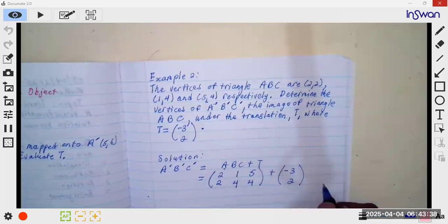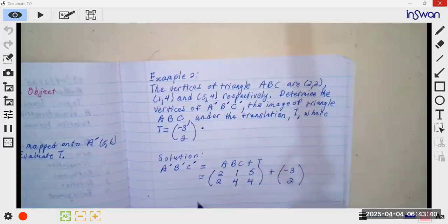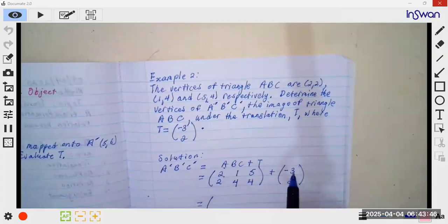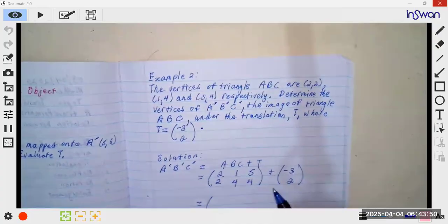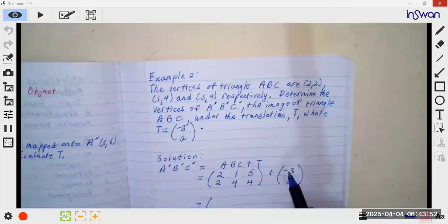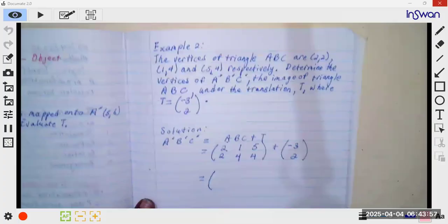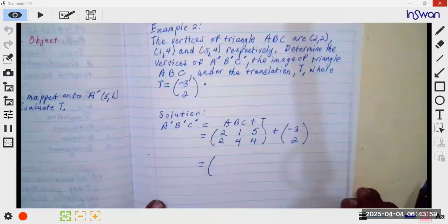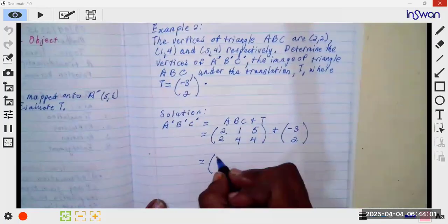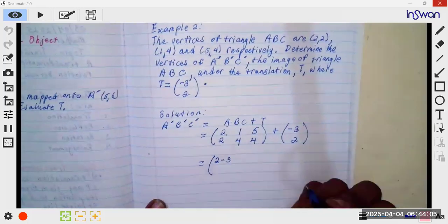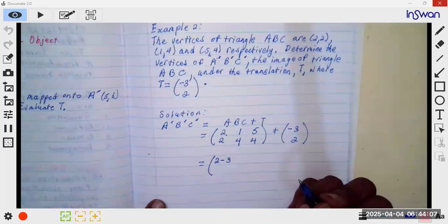Okay? So this will be equal to 2 plus the -3. But you see, when you add a negative, a positive by a negative will always be a negative. So right away, instead of putting 2 add -3, just put right away 2 take away 3. You're seeing that?